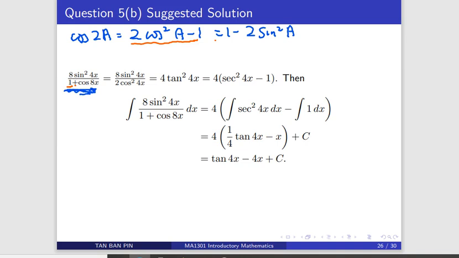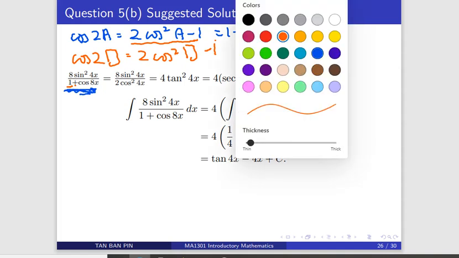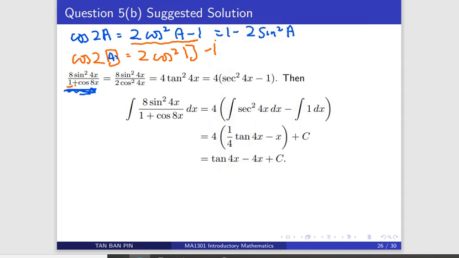You should think of it as cosine 2 box equal to 2 cosine squared box minus 1. And then inside the box you fill in 4x.